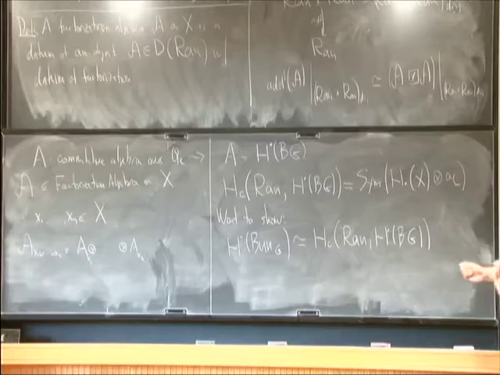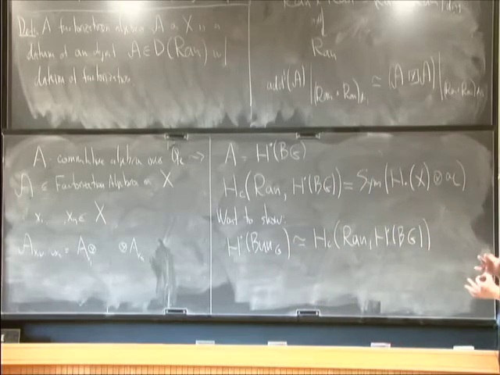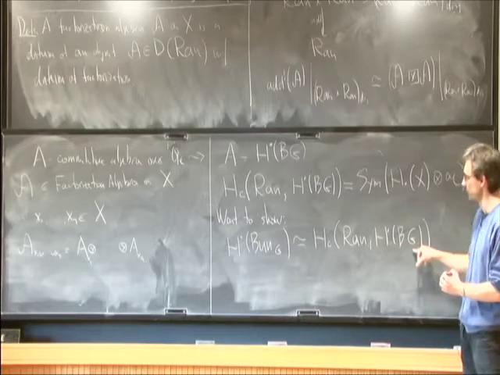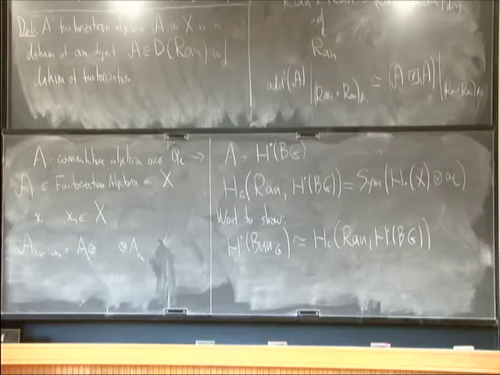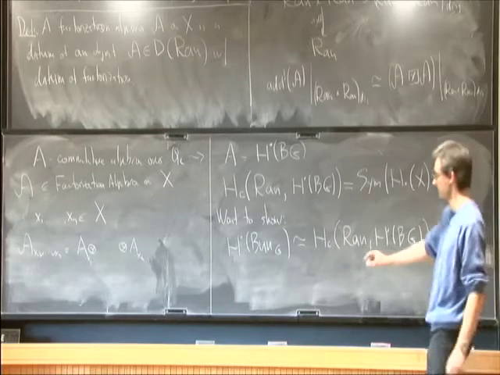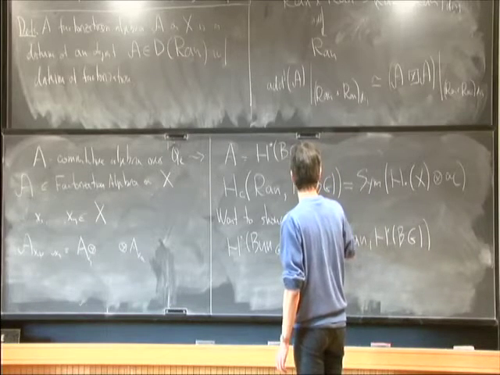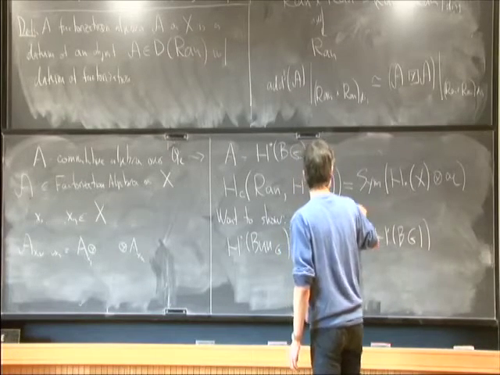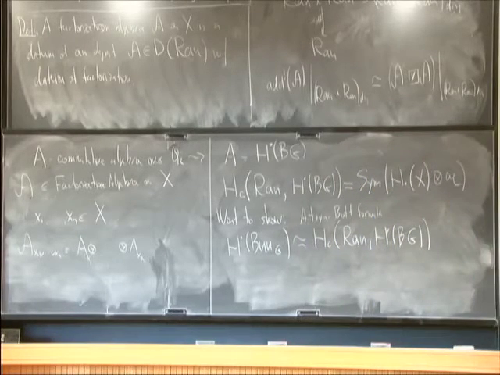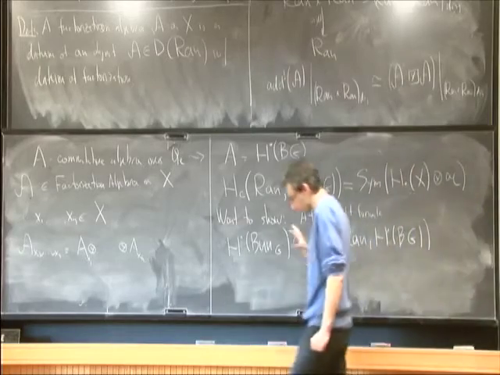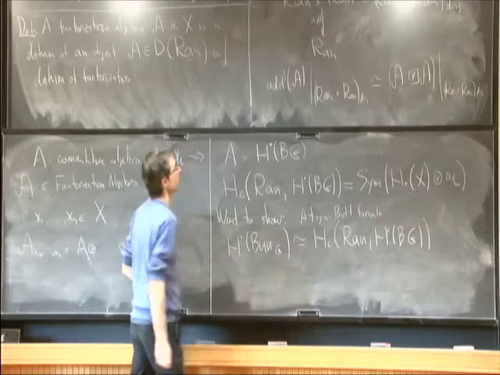So what is Bun_G? Bun_G parametrizes maps from the curve to BG, and then we take the cohomology of that. And here we're taking the cohomology of BG itself, but we're taking this kind of funny integral over configurations of points. And so the Atiyah-Bott formula says this. All right. The direction I'm headed in now is that I want to prove it.